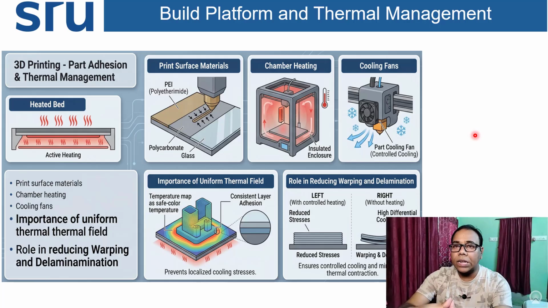Or another way is that you can mount cooling fans, so that the fans take out the heat generated inside the build chamber, so that whatever optimal temperature is required in the printing build chamber will be maintained, and all parts inside the chamber will function properly.